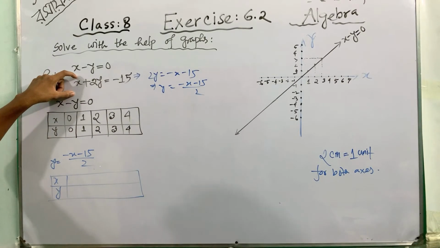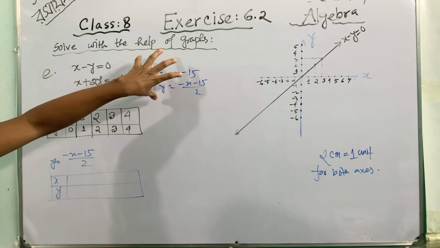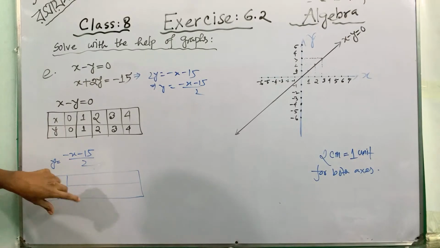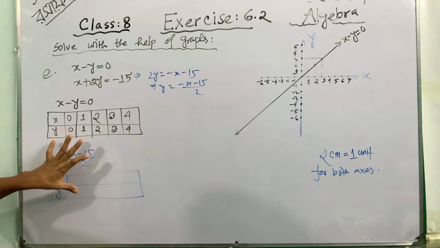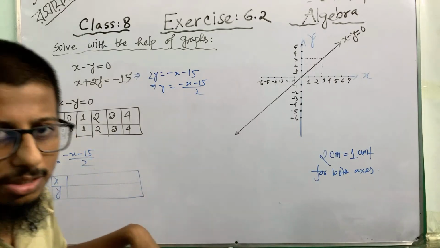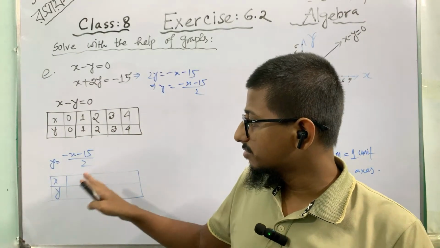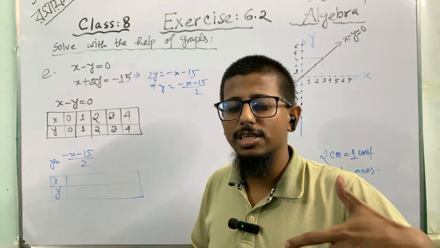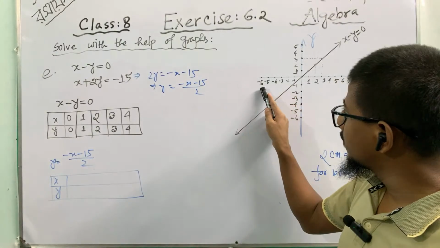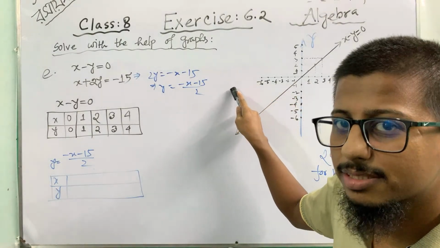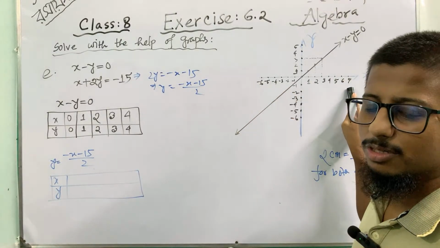I'm trying to rewrite the equation in a convenient way. You can write it in any manner you want, but I want to find x and y values such that my x value does not exceed minus 6 or plus 7. Why?